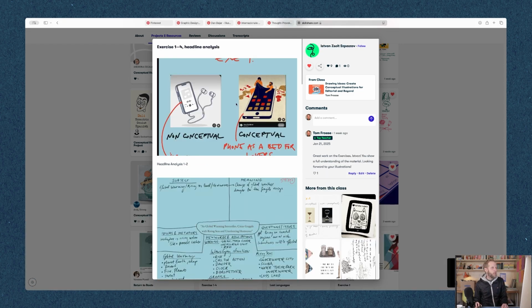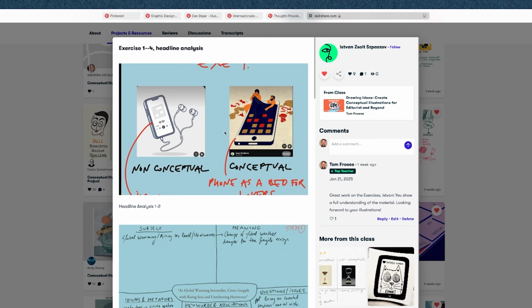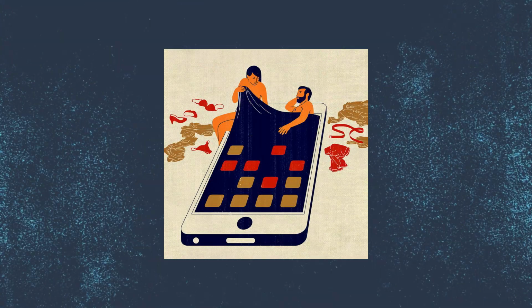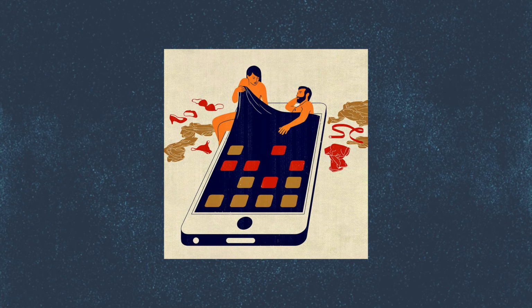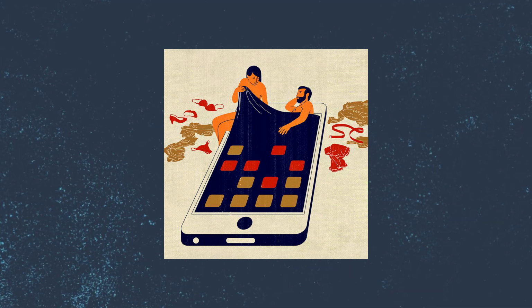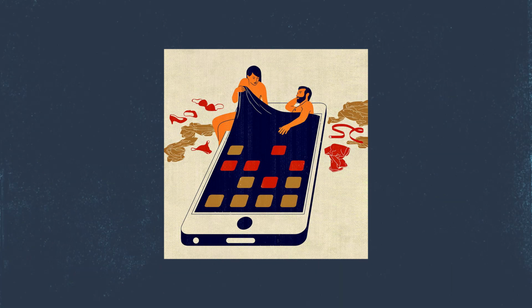Okay, so this is a project by Isfan, and for their non-conceptual illustration, they show just an illustrated iPhone. And then in the conceptual illustration, it's this illustration by Joey Godoni, and it's an iPhone also, but there's people using it or in it as though it's also a bed.